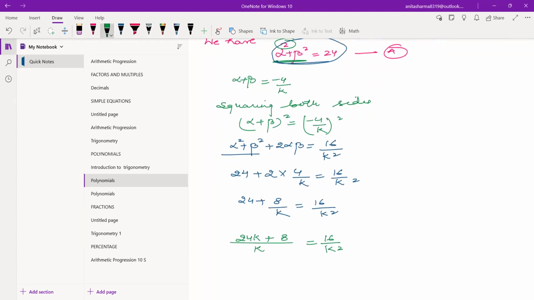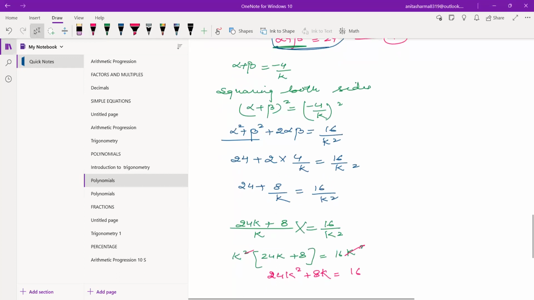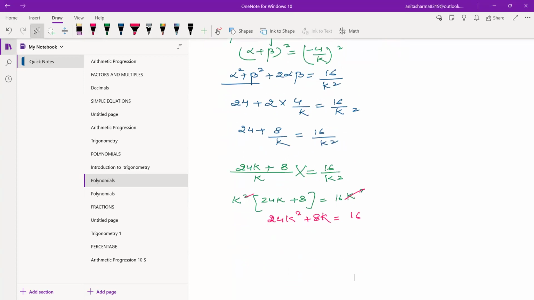Now cross multiply. You will get k square into 24k plus 8 is equal to 16k. Now cancel one k by k square. So 24k square plus 8k will be equal to 16. Right, children? Got it?